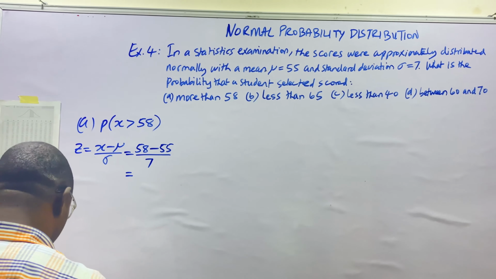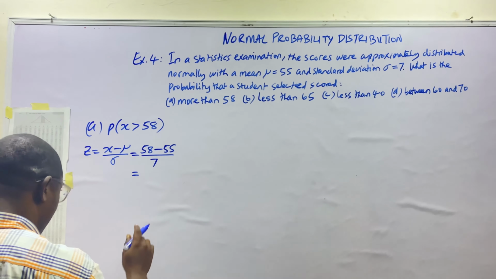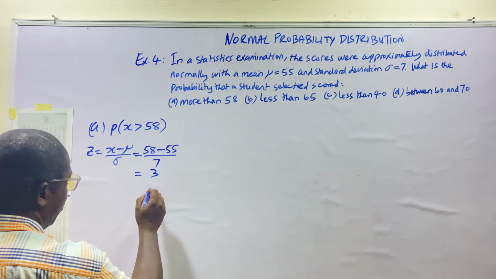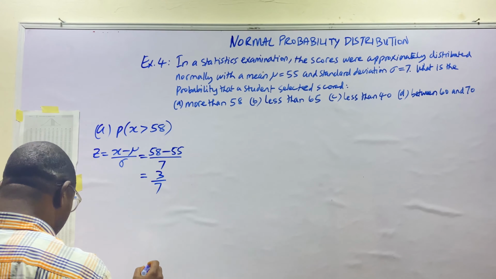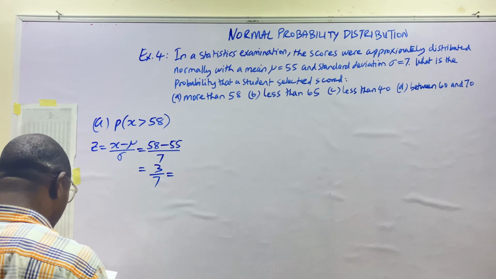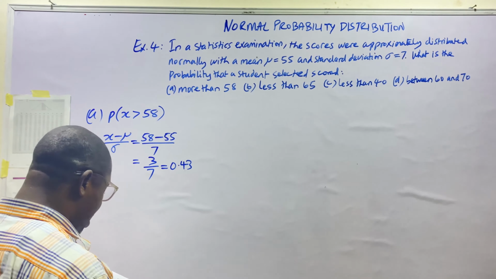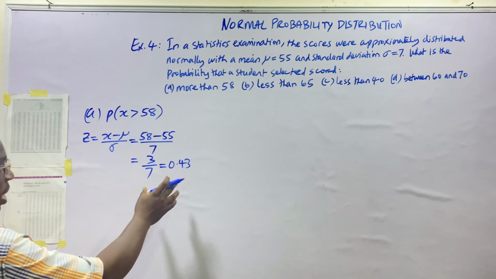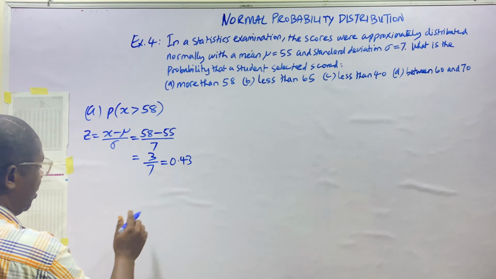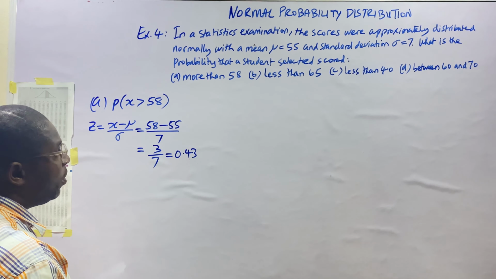So what do we have? 58 minus 55 will give us 3. So we have 3 divided by 7, so that our z-score will be 0.43.